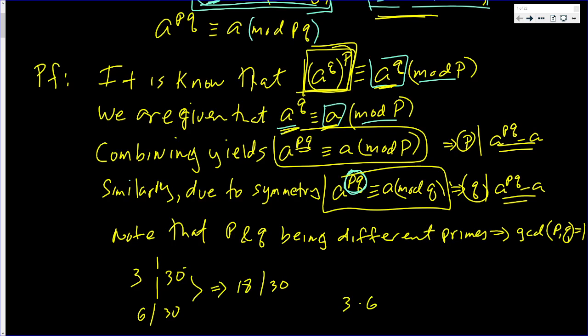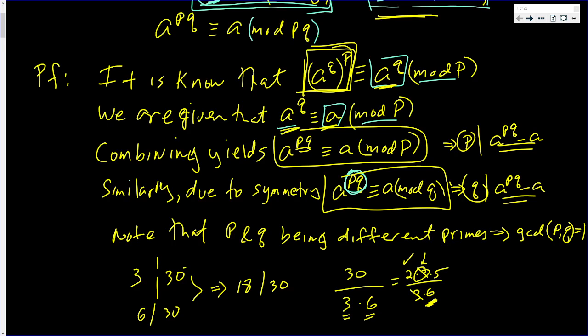Why doesn't 3 times 6 go into 30? Because these are not relatively prime. 30 is 2 times 3 times 5 over 3 times 6. This 3 goes into that 3, but we used up the 3. We have the 2, but we no longer have our 3 to get 6.